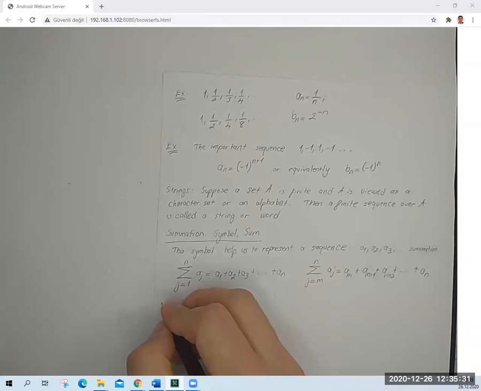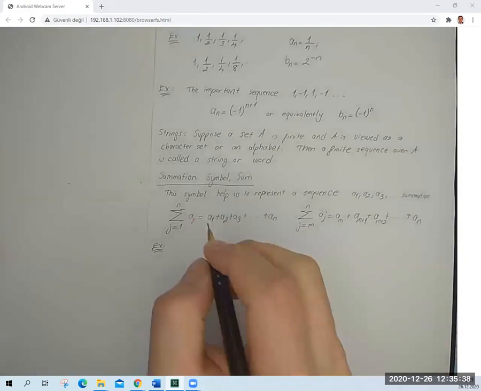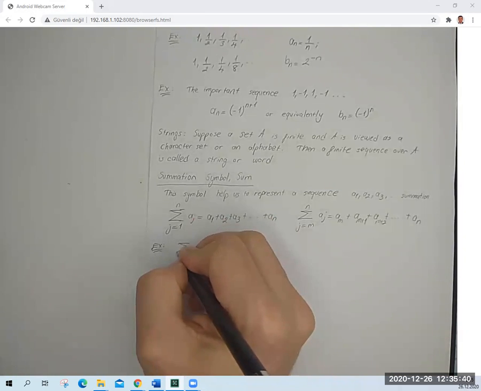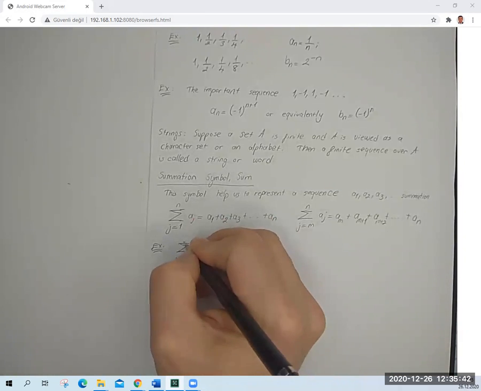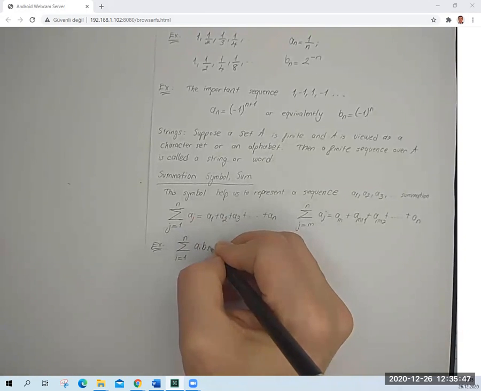So example, let's say we have i equal 1 to n, there is the a_i and b_i.